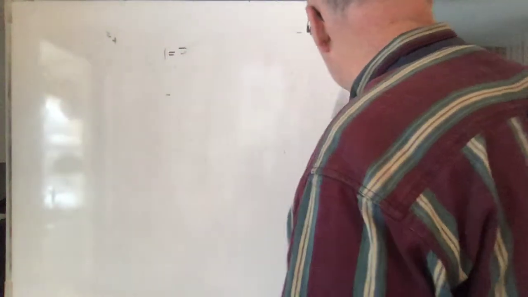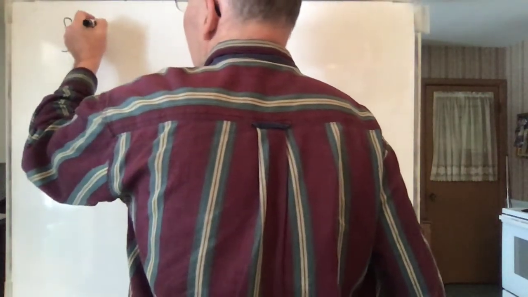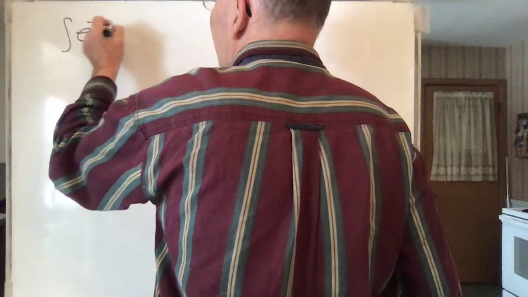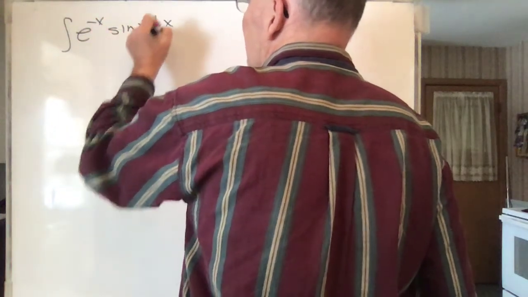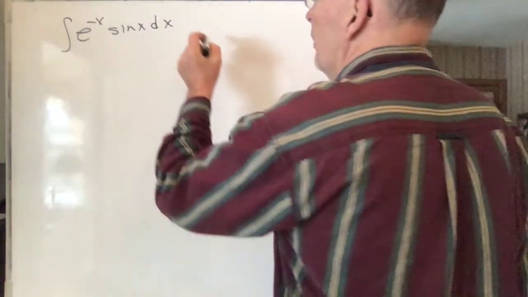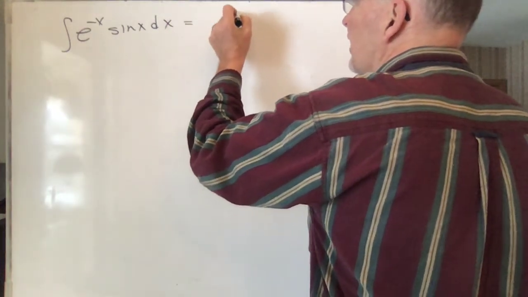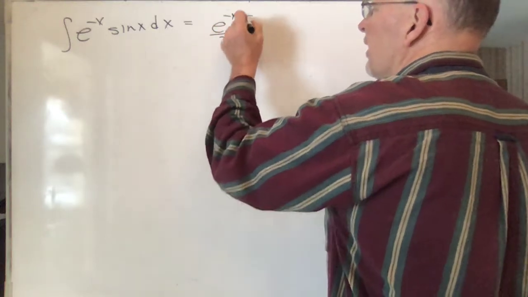Well, there's some other ones that we did. Remember, we did this one, e to the negative x sine of x dx. We just found the antiderivative of that. Doggone it, I can't remember exactly what it is now, but it was e to the negative x over 2, I think.